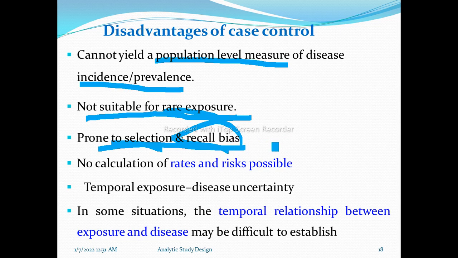Some exposures may be asked for more than 2 years back. Recall bias means that when asking about exposure in the previous time, the individual may not remember all exposures. So recall bias may be introduced in the case control study.